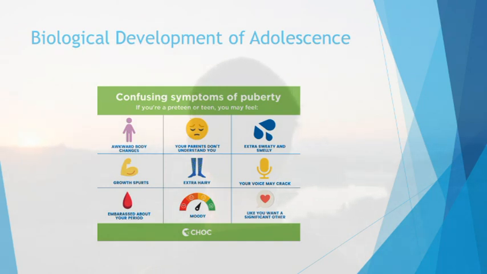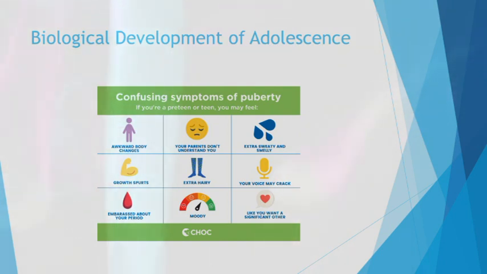Now, when we look specifically at puberty, we see that there is this cascade of hormonal events that orchestrate the development of primary and secondary sexual characteristics. And this marks the onset of reproductive maturity.